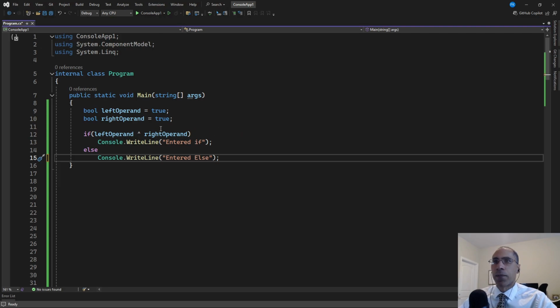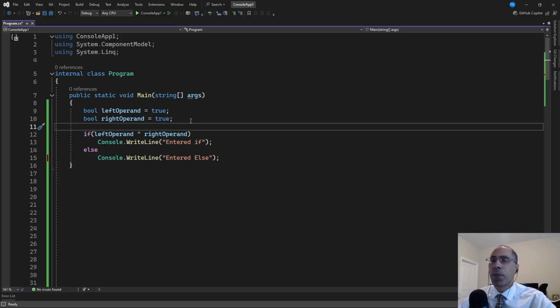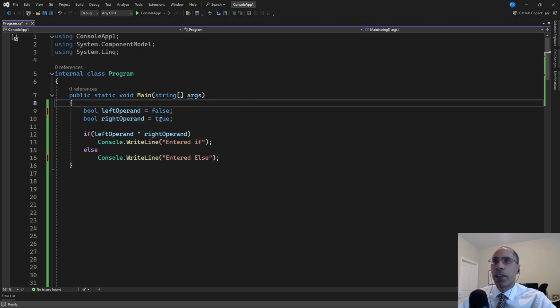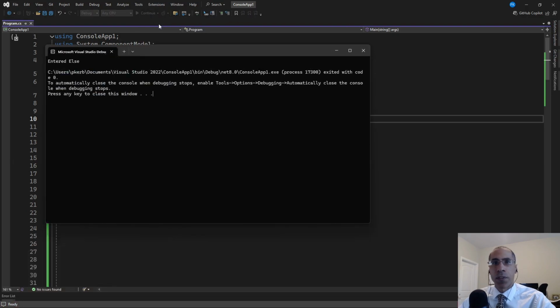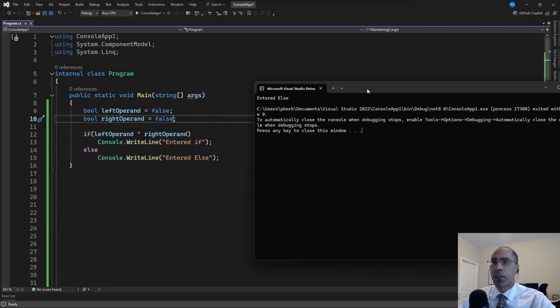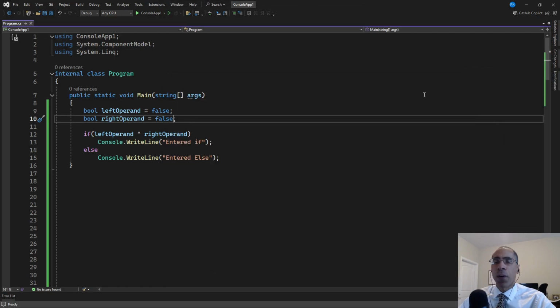Entered else. I think that's more straightforward. Okay, and then now, if they are both false, it's going to produce the same result of entering else, because the end result is going to be false. So that's pretty much it.